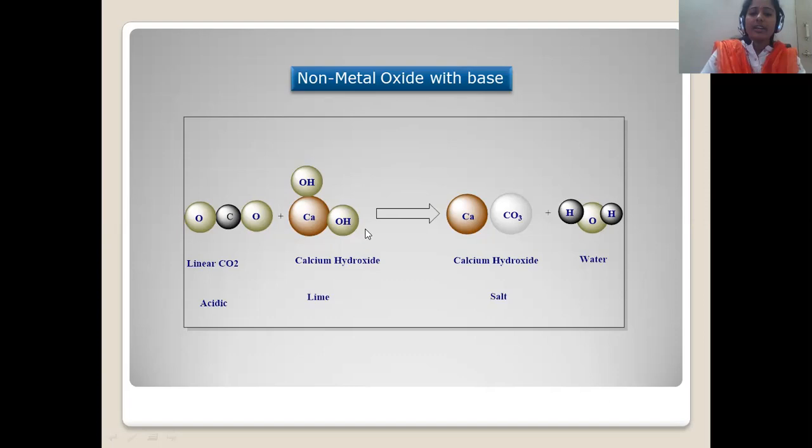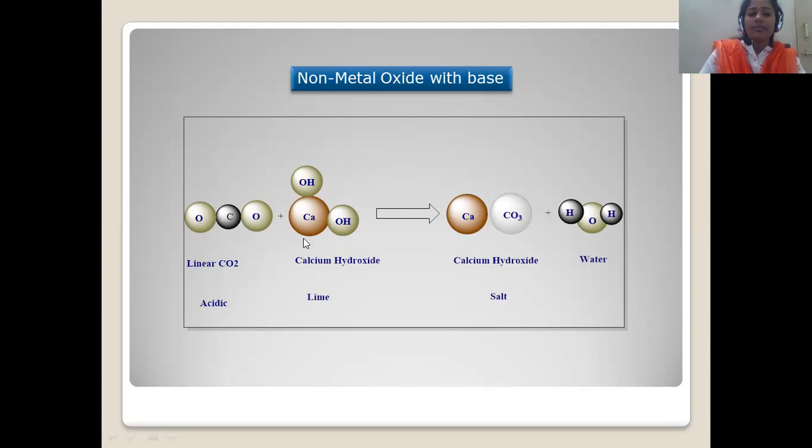So carbon dioxide on treating with calcium hydroxide forms calcium carbonate, a salt, and water is generated. This is the reaction between carbon dioxide and calcium hydroxide, an acid-base reaction, because all non-metal oxides are generally acidic in nature. So this acid is treated with calcium hydroxide, often known as lime.